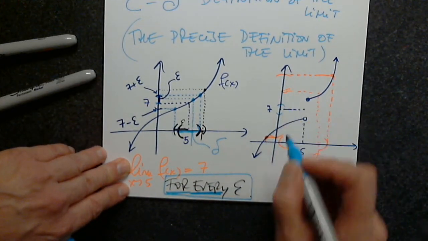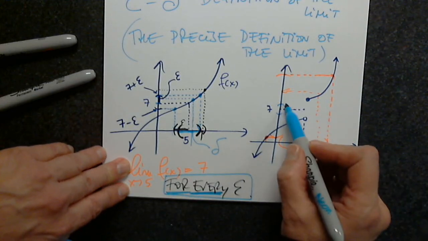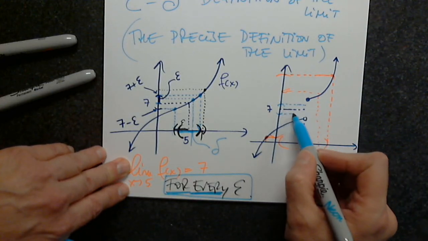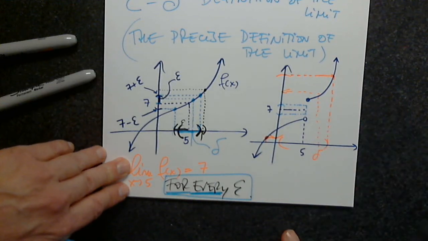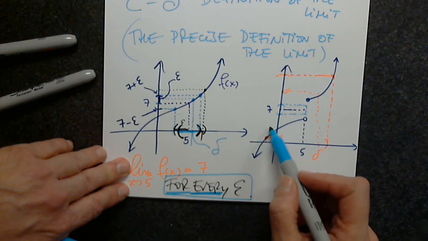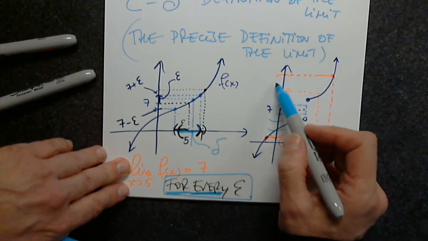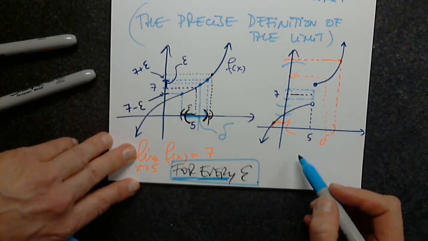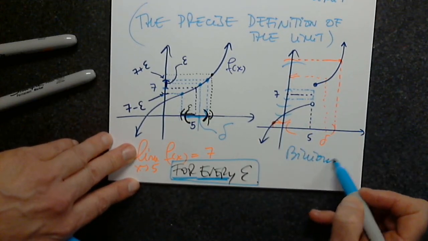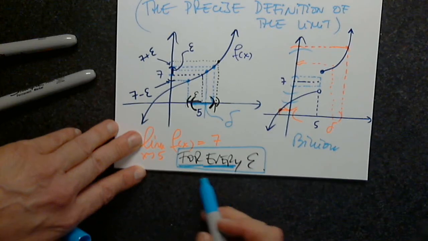I'll show you one that it doesn't work. Look, if I want this epsilon, I'm in trouble. I cannot find an interval around 5. I'm stuck. But for this epsilon, or for this epsilon, I can. I may be able to show you for a billion epsilons that the limit exists, but not for every.